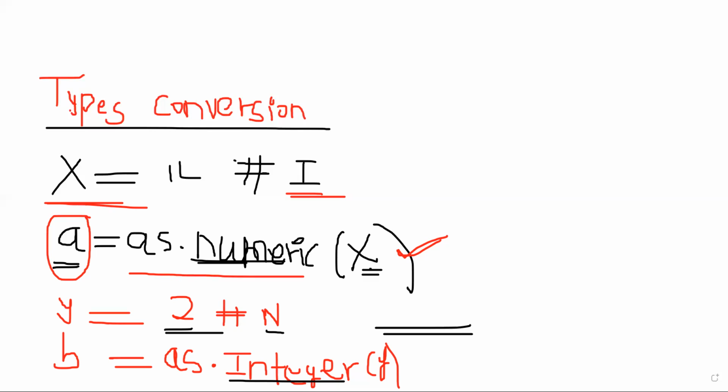Initially it is an integer, now it's numeric. Similarly for y, initially it's numeric, and we assign another variable which contains the value of y, but the data type is changed. It's an integer. Initially it is numeric, now it's changed into integer.